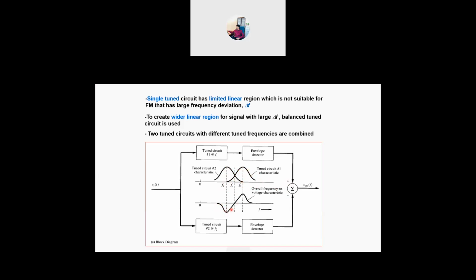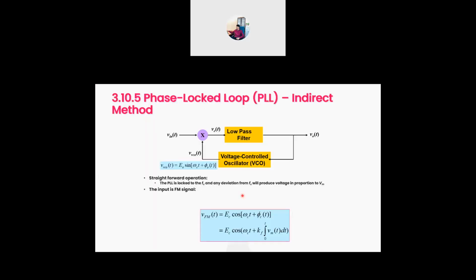Then you're going to have a wider linear region. Now you have a wider linear region. This is of course the frequency to voltage characteristic, so the y-axis is voltage V, like what we have in the previous slides.